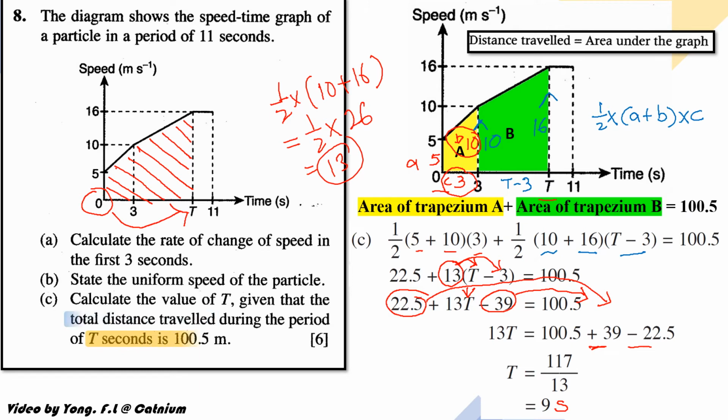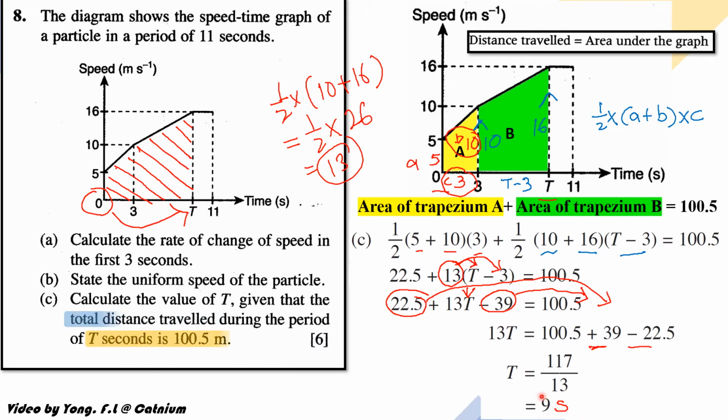So you must make sure that your answer obtained is 9 or 10, but cannot be 11. Kalau jawapan akhir kamu 11 ke 12 ke memang salah. Why? Because from the diagram here, t is in between 11 and 3.